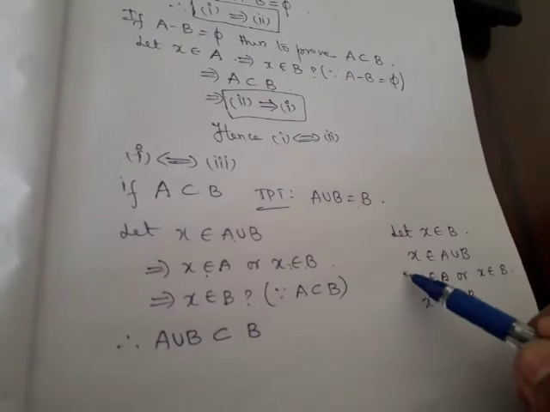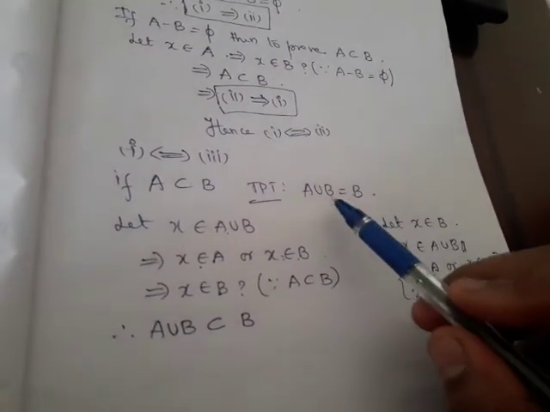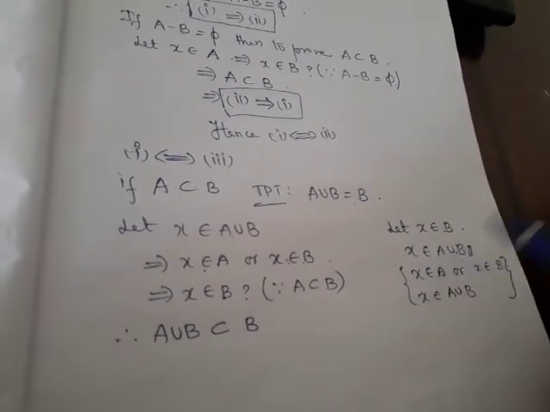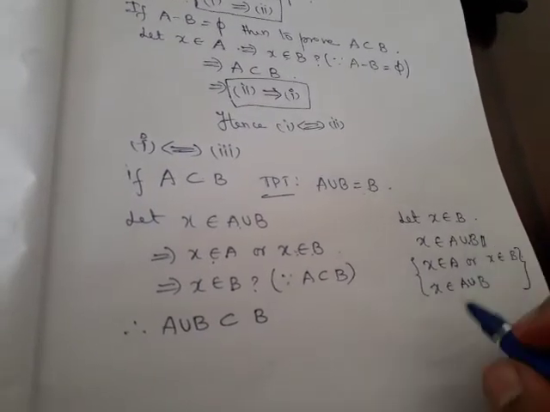Sorry, actually we don't need these steps at all. Here itself we can stop because we need to prove B is a subset of A union B, right? Again we are coming back to A union B only. So if an element belongs to B, then automatically it belongs to its union.